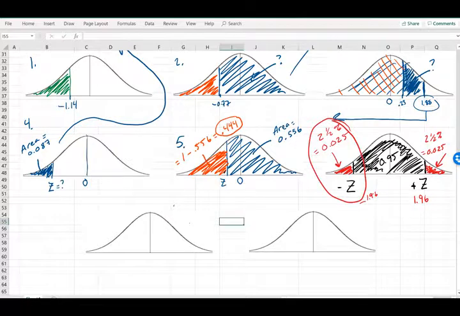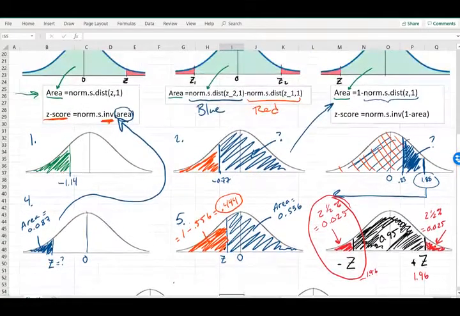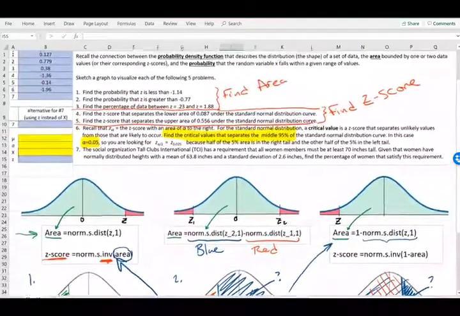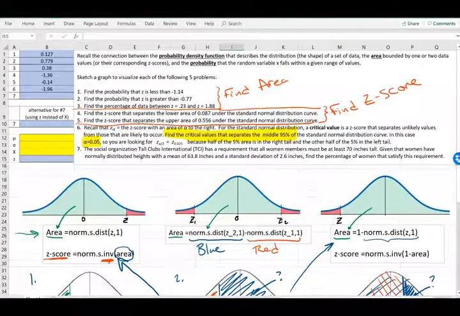All right, so number 7 will segue into the next Excel exercise, which will be in my next video, the non-standard normal distribution. So all of these problems we're using z-scores and standard normal distributions. For number 7, the social organization Tall Clubs International has a requirement that all women must be at least 70 inches tall.